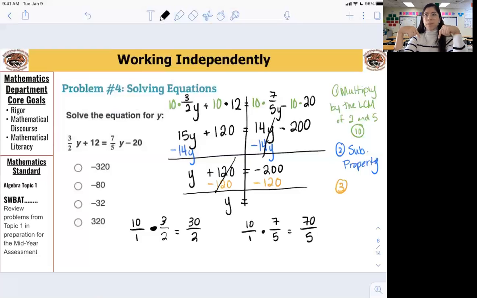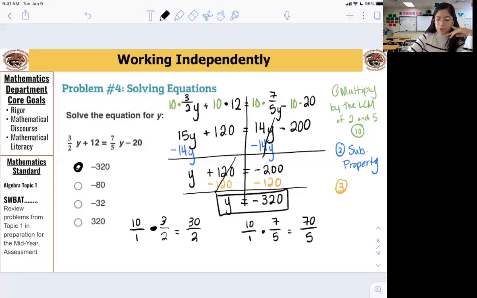Deeper. Would I shoot up above ground, or am I still negative? Still negative. So it's negative 320. Answer choice A.